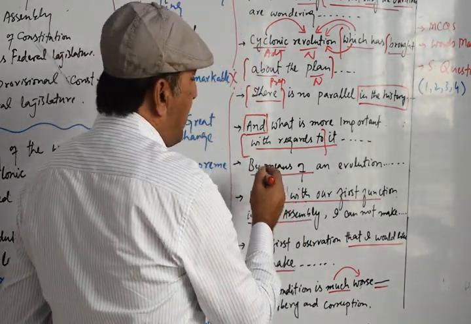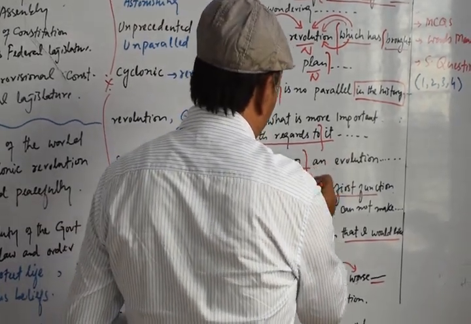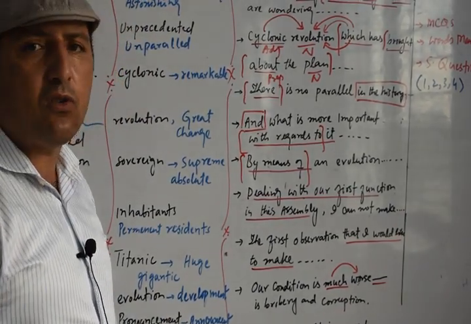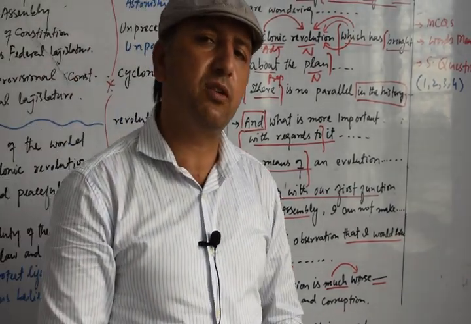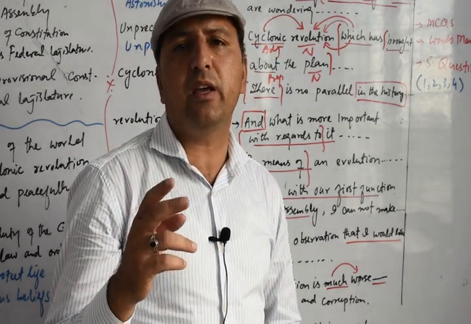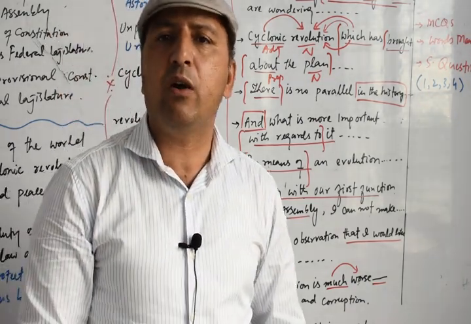Now we have by means of an evolution. We have the next phrase, by means of an evolution. By means of is also a phrase preposition. In a phrase preposition you would have more than one word, it might be 2 or 3. For example, we say according to.